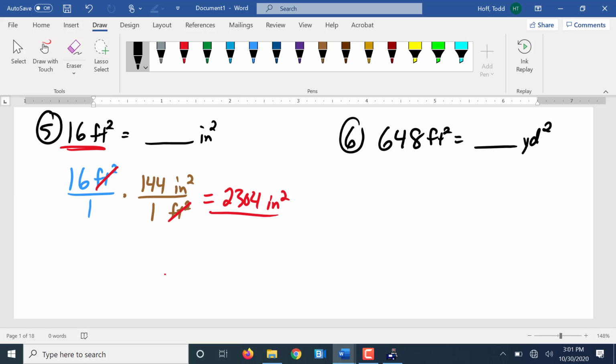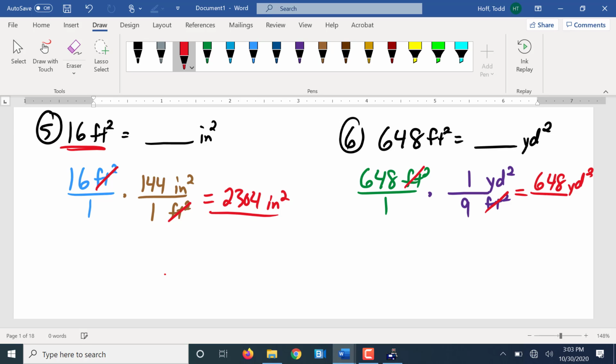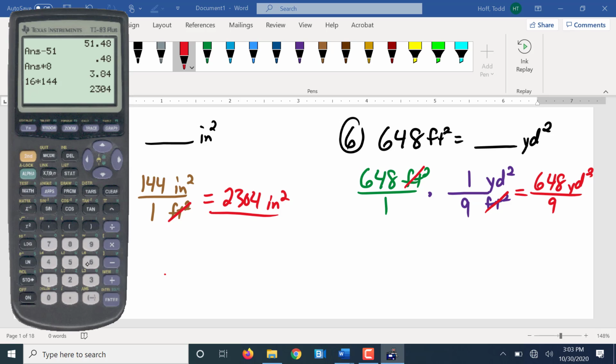You got kicked out of the academy? Eight square yards. 1 times 9 is 9, so we divide by 9.